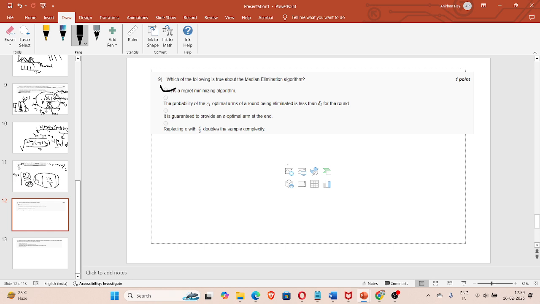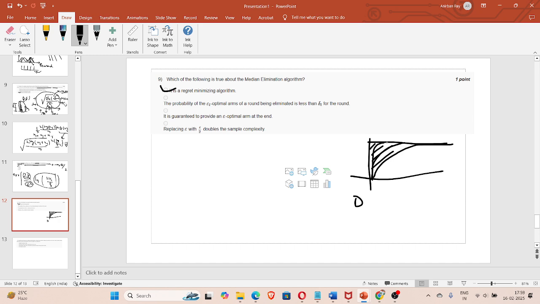Regret is this: you have the payoff or reward that you get, and how long does it take to get to the perfect reward? If you want to minimize regret and get to the right arm quickly, the regret will be less.